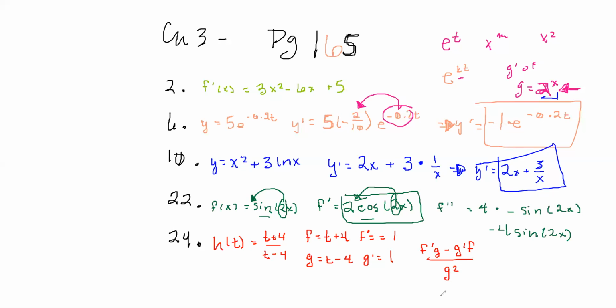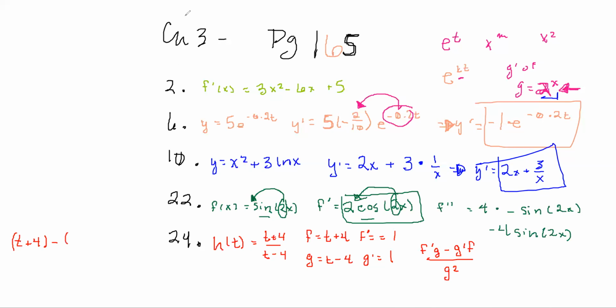I mixed that up last week, so I'm going to double check because I don't want to get it wrong again. Yep. All right, so we're good. So we are going to do f prime times g, which, because f prime is 1, will be t plus 4, minus g prime times f, or t.